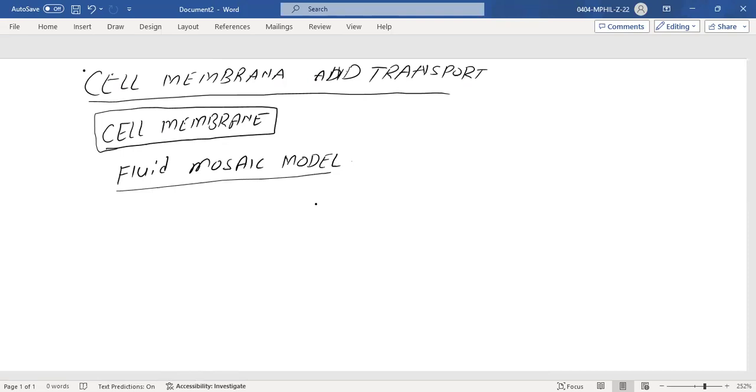In the fluid mosaic model, the first thing that we always study is the phospholipid bilayer. It is the basic structural unit of the cell membrane.